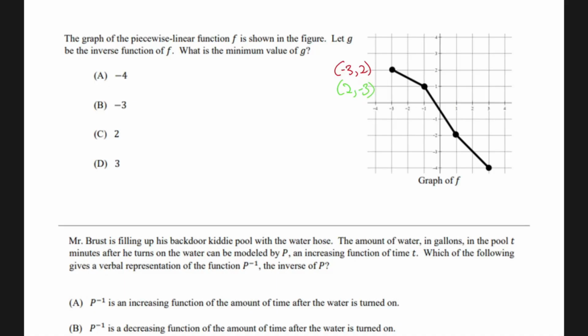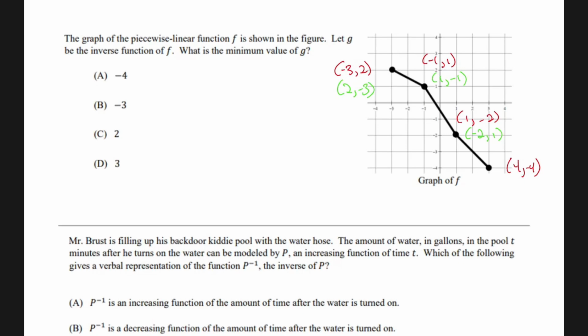We're doing a lot of color switching here. (-1, 1). Its inverse is going to be (1, -1). Then over here we've got (1, -2). So its inverse is going to be (-2, 1). Very Christmassy, these colors. And then we've got (4, -4).